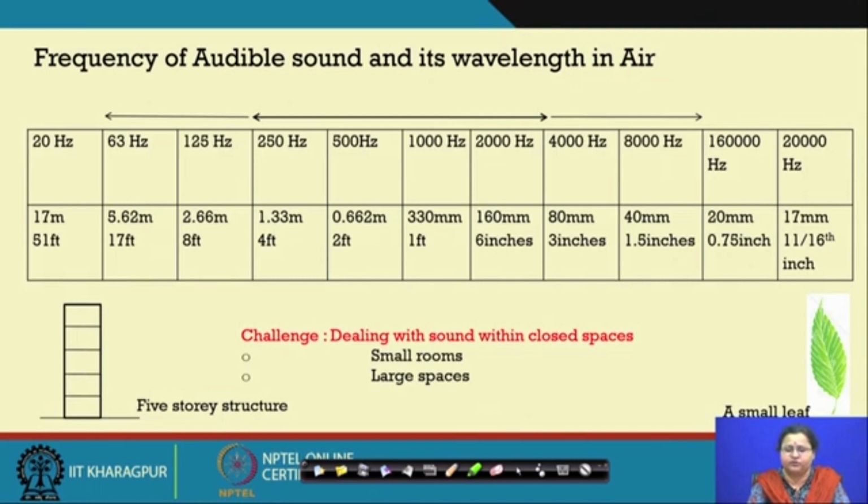So, from 250 to 2000 everything was getting reflected well with the dimensions of the walls, etc. But when we are beyond 8 feet, 10 feet, 12 feet, 17 feet, it may not be the same when it is a small room.